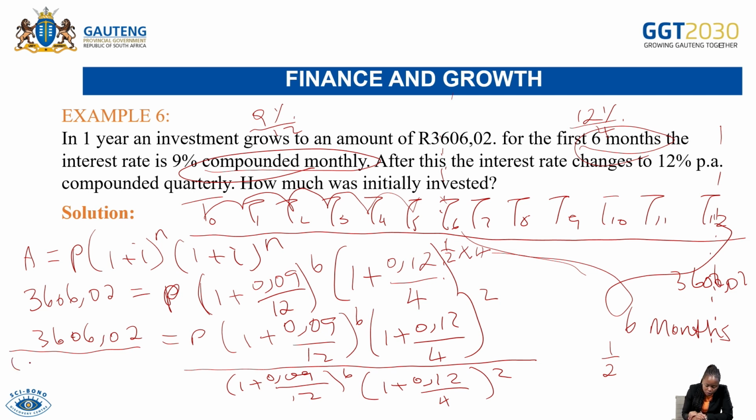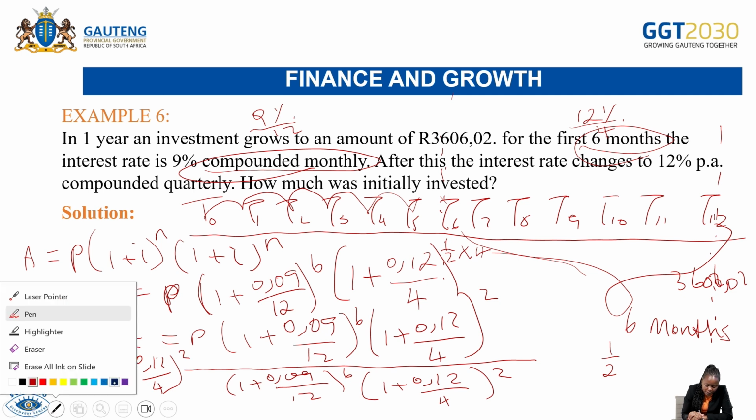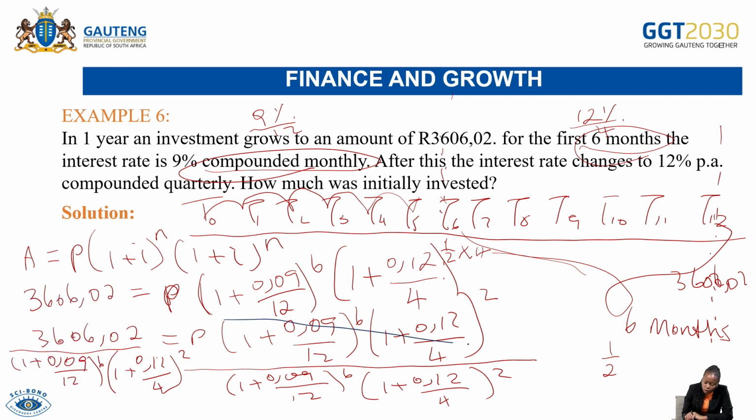So I'll also have 1 plus 0.09 divided by 12 to the exponent 6. Again, it's going to be 1 plus 0.12 over 4 to the exponent 2. So here, let me use a different color. So all of this will divide this, and then I'll be left with 1.